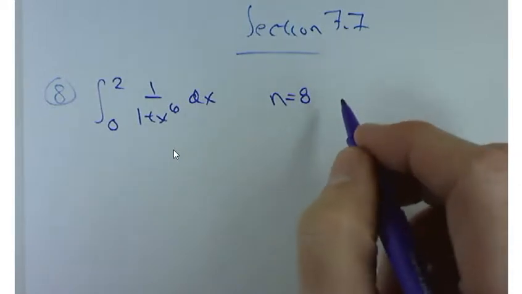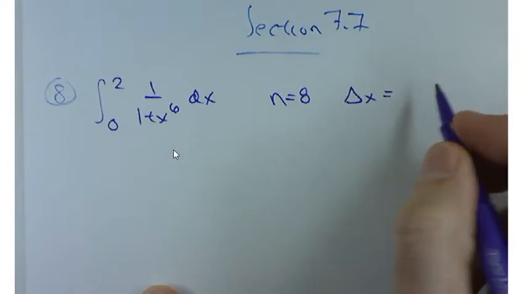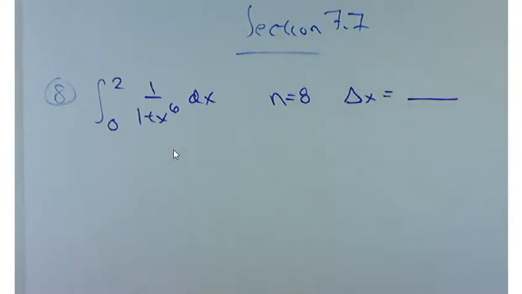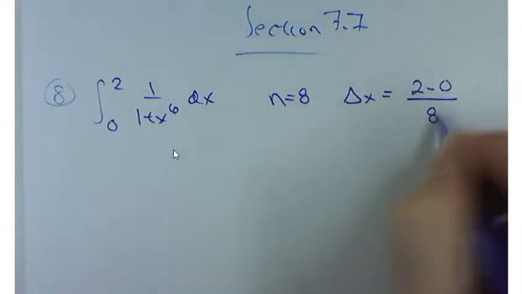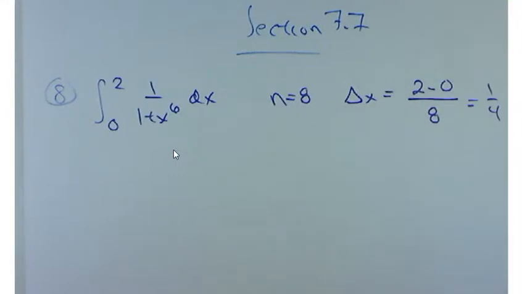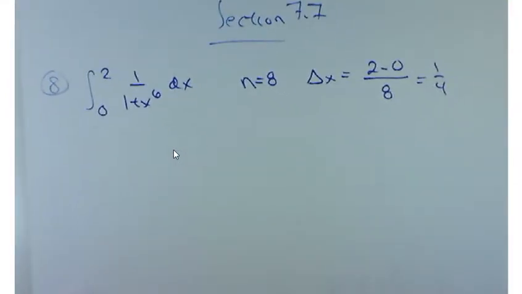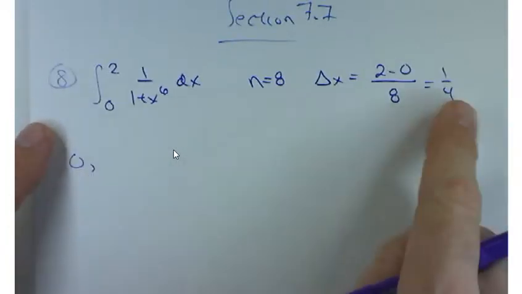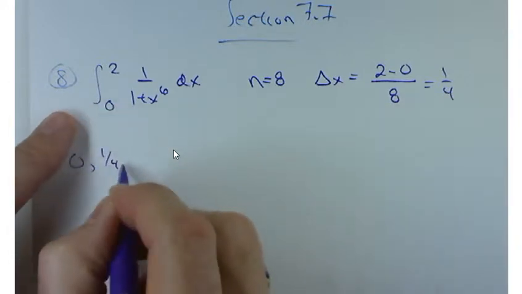It's a lot of work to do by hand, and I'm not really inclined to do a lot of work by hand, so we'll see if we can do something about that. Delta x is going to be the width of my interval, which is 2 minus 0 divided by 8, or 1/4. So the points that I'll be evaluating my function at start at 0, and the next one goes up by 1/4, so it's 1/4.